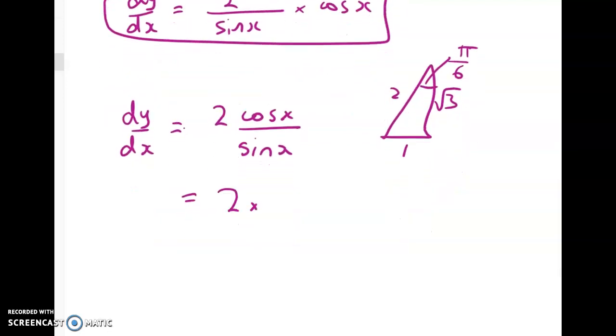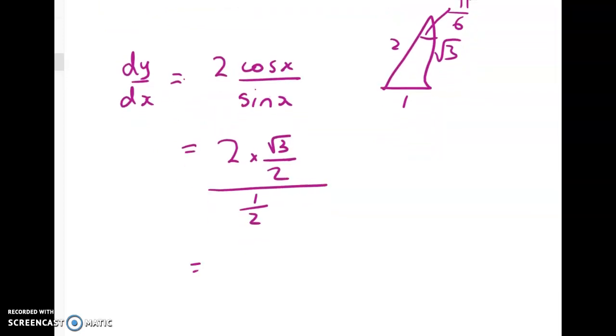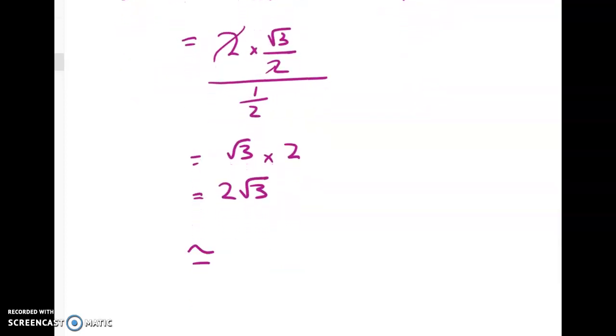So it's 2 times root 3 on 2 divided by 1/2. So that simplifies to give me root 3 divided by 1/2, which is root 3 times 2. So the answer is either 2 root 3, or if we want a decimal approximation, 3.4641. That's to 4 dp.